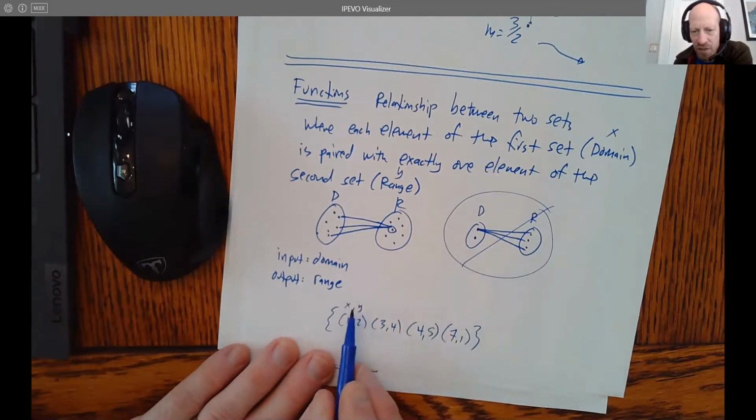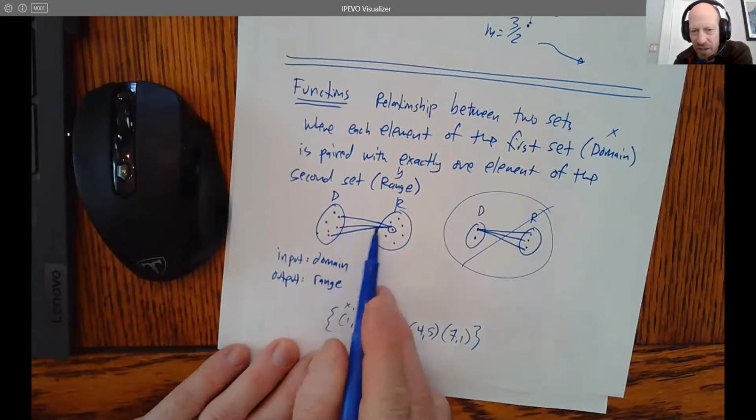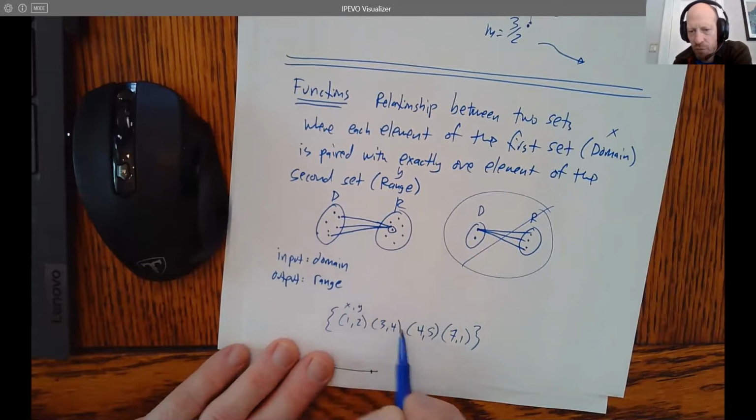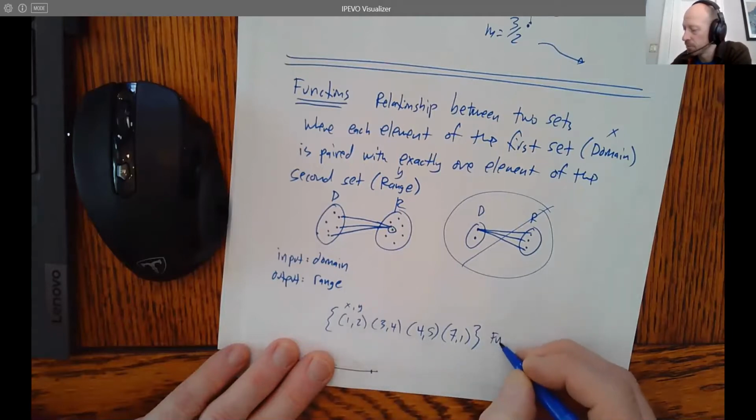Each of these is a connection: 1 goes to 2, 3 goes to 4, 4 goes to 5, and 7 goes to 1. Is that a function? It is, because each x value only has a single y value.